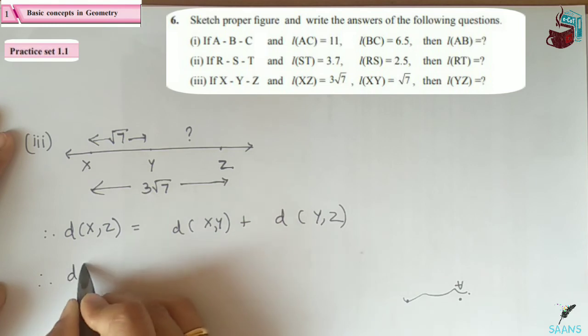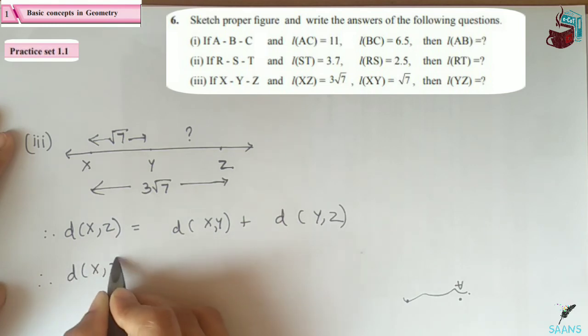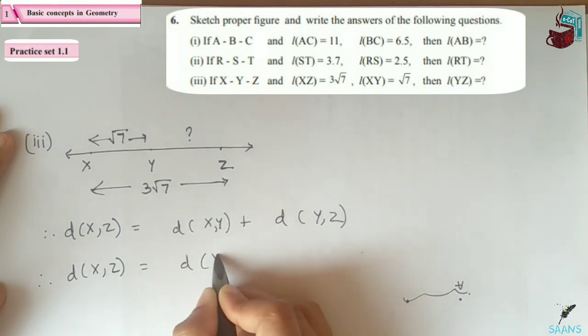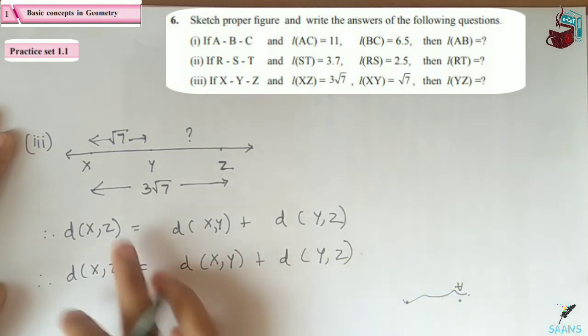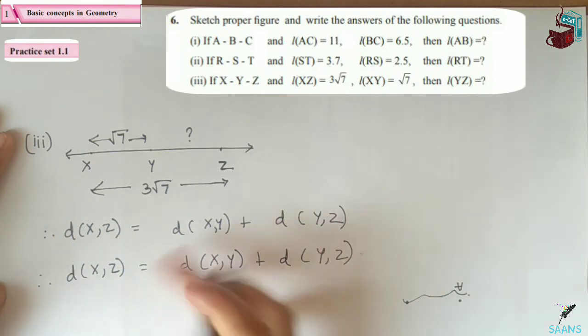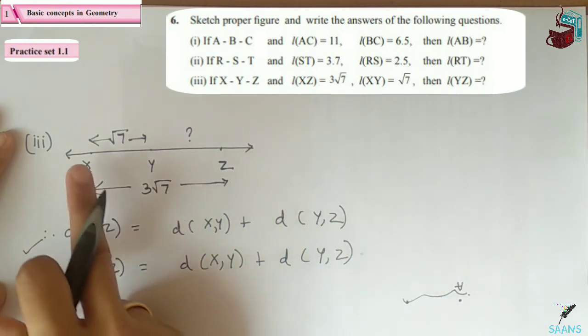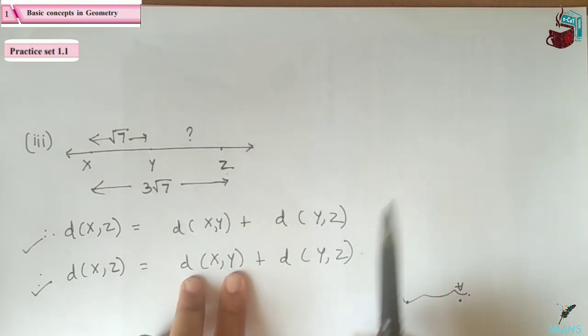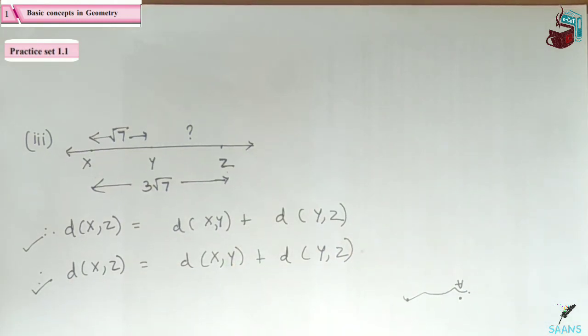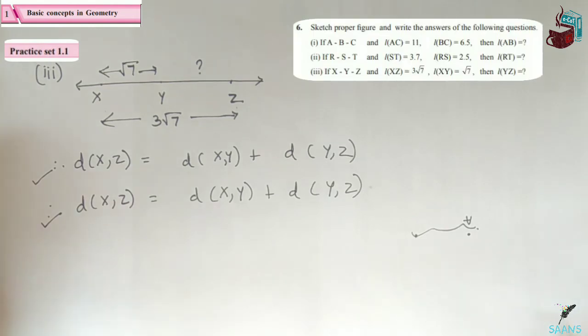Therefore distance XZ is equal to distance XY plus distance YZ. I'm just writing it twice so that you all know this is very important for us. Distance XZ is XY plus YZ. Let's go further.